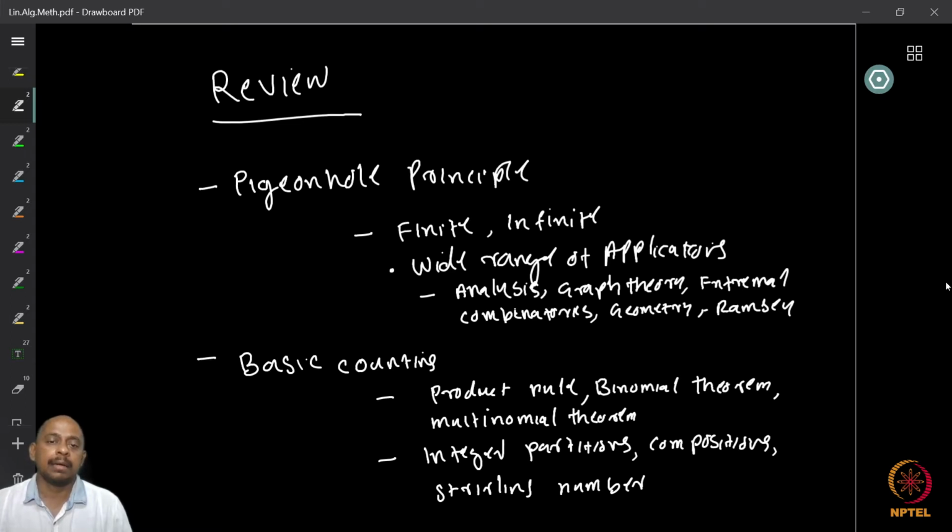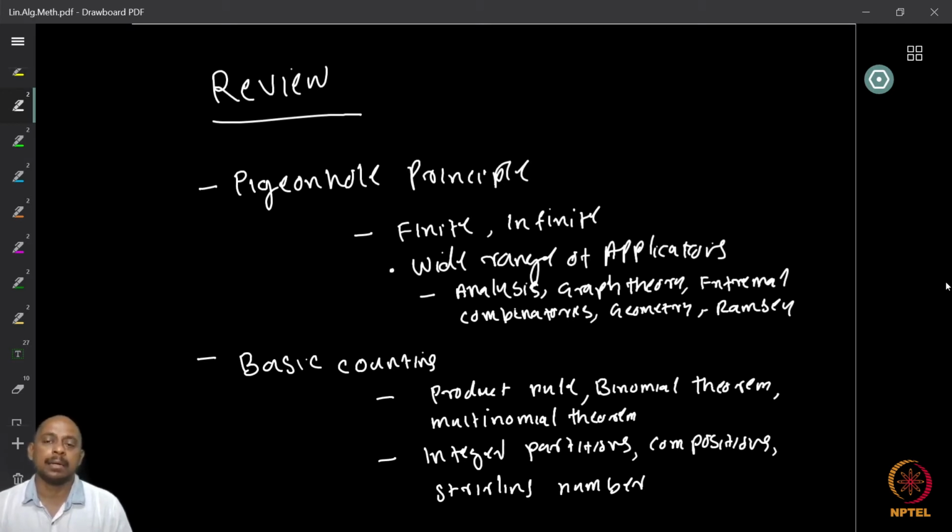And then we went to learn some basic counting techniques, right? So we learned the sum rule, product rule, and then looked at the binomial theorem and multinomial theorems, etc. We then went on to look at partitions and compositions of integers.